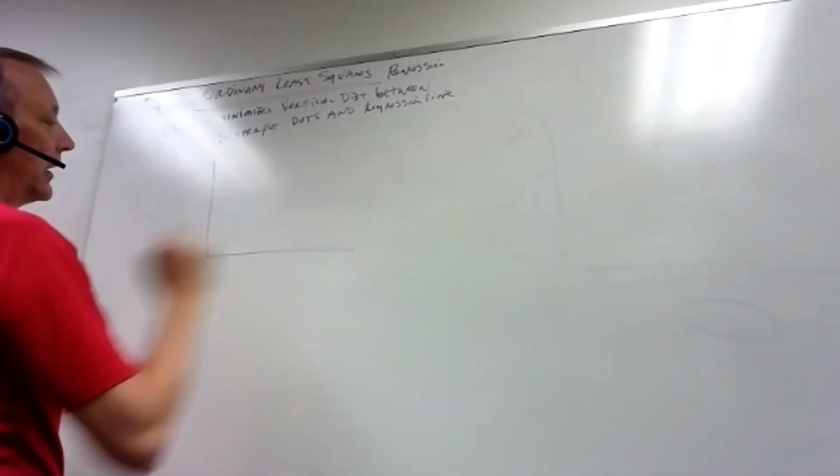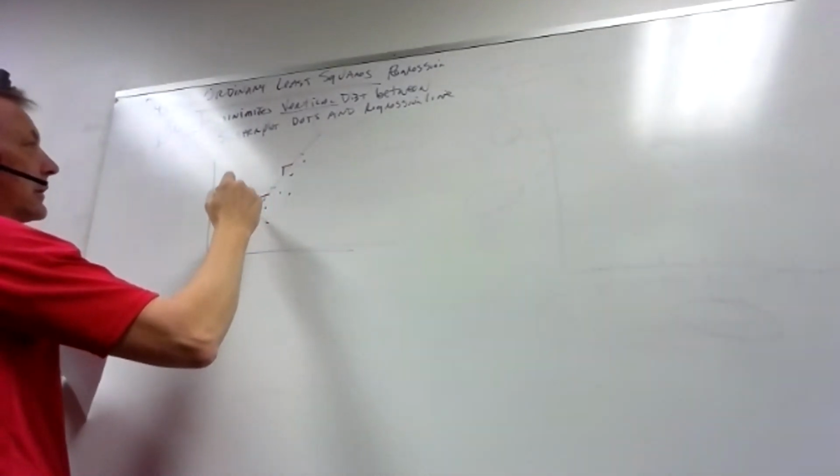Okay, so here's what I mean by that. If you take a scatter plot, so I've got a bunch of dots here. Okay, I'm going to draw a line that fits that the best. With ordinary least squares regression, I'm going to minimize the vertical distance, emphasize vertical distance. So this distance here is always the vertical distance.